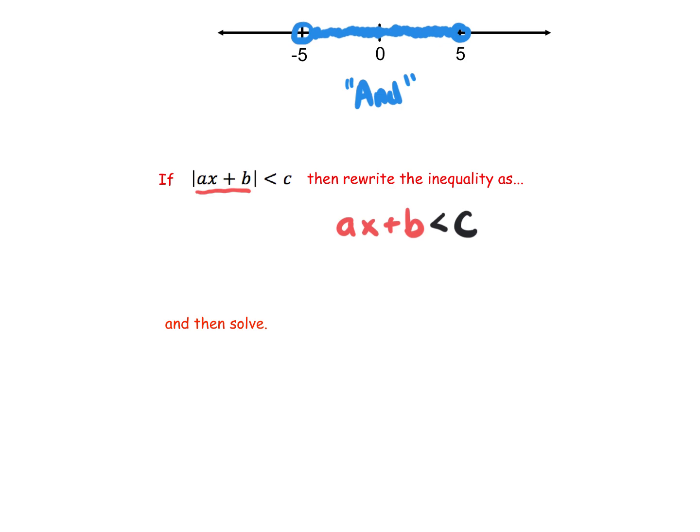But then the other part is we also put at the other end that it is greater than the opposite of that, okay? So we've taken this absolute value inequality and rewritten it as an and compound inequality. To solve it, rewrite it as a compound and then solve it just like you've been solving it this entire time.